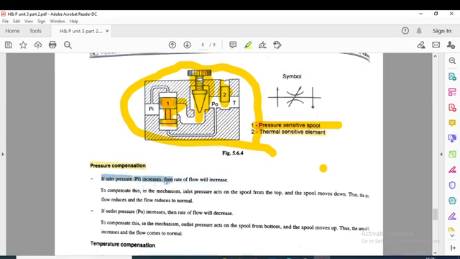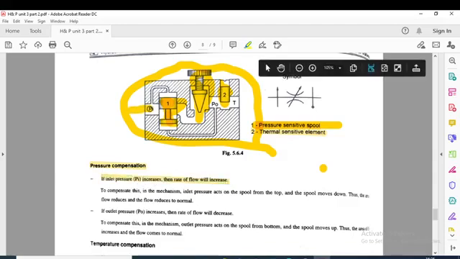If the inlet pressure P1 increases, then the rate of flow increases. What will happen if the inlet pressure P1 increases? If this spool is not present here, and the pressure P1 increases, then this high pressure can move into the system, and the system can explode or suffer from the high pressure.